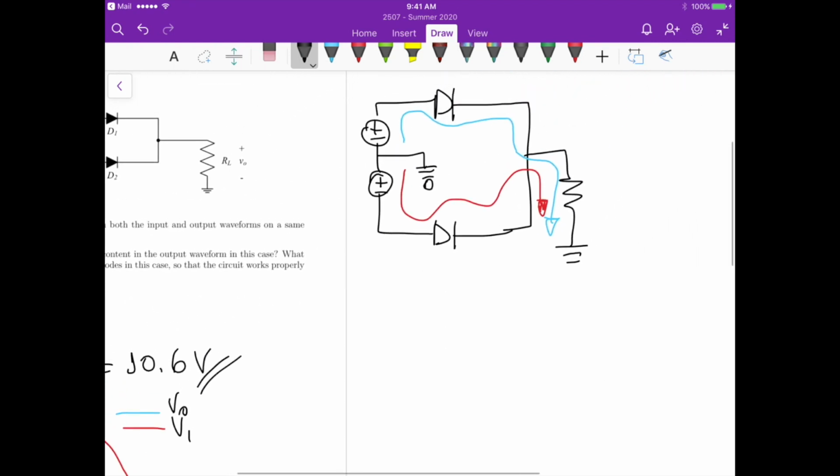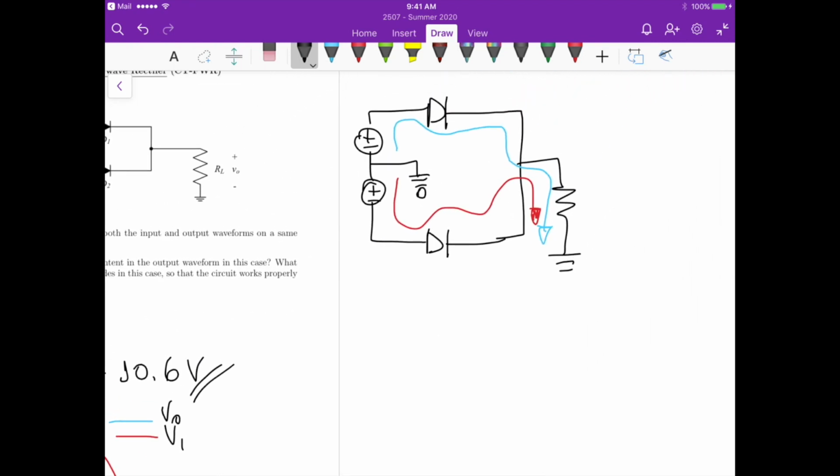Okay, now if you look at the circuit here, let's say that we are in the first condition, in the first cycle, we only have current in blue here, and we have already concluded that this diode is not conducting, right? But as you see, we still have 10.6 here and 10.6 here, right? So suppose we have 0 here, and we are basically decreasing 10.6.